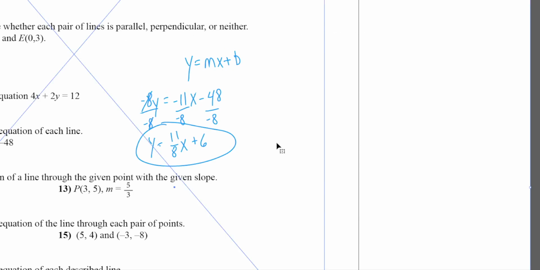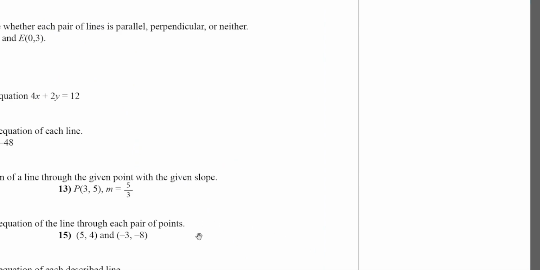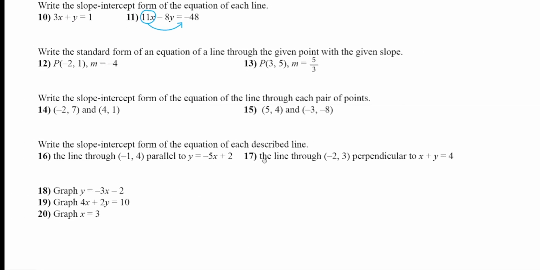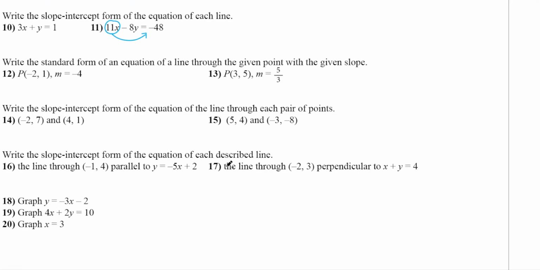All right, so coming back to you. Haven't really got to the hard part yet, have we? Let's see, maybe this will be a little bit tougher. Standard form. All right, what in the world's standard form? Ax plus By equals C. That's standard form. Okay? So, what are we going to do? Put this into this.